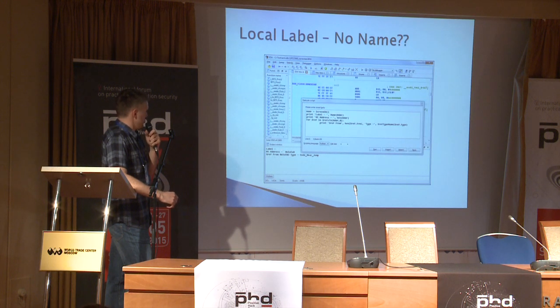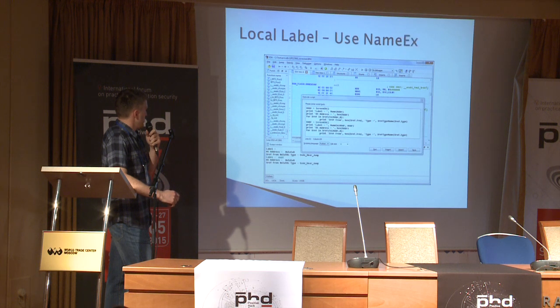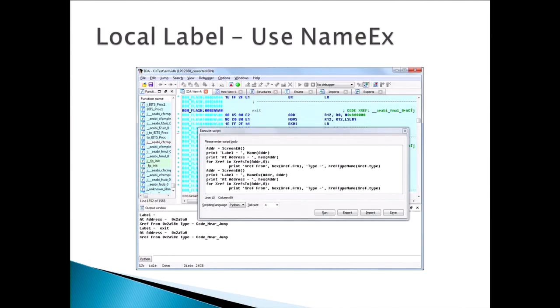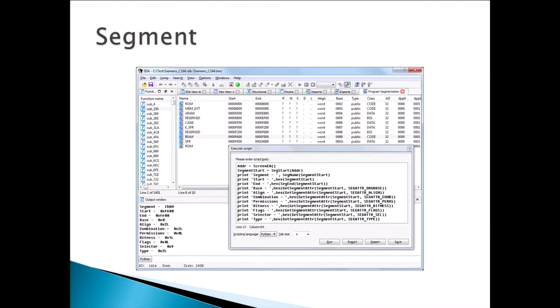Then you look at other options and you don't see it here. There's a solution here. Just use another function, get name EX. You can look at the regular name, you can look at name EX. With name EX, it shows it this way. So you have two mechanisms available. You need to collect global labels and local ones as well.